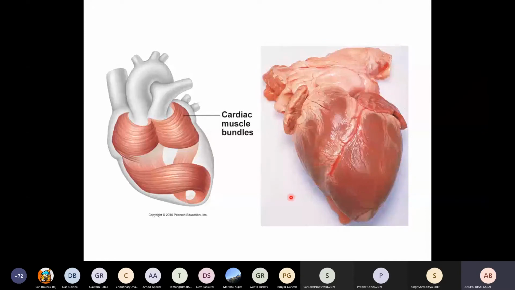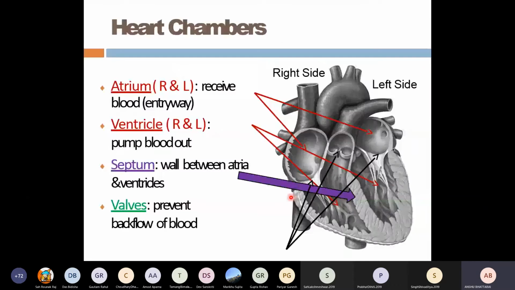Now let's move to the heart chambers. The heart consists of 4 chambers. I hope all of you know this, because it consists of right and left atria, and right and left ventricles. What is the function of atria? These receive the blood. These are the entryway.